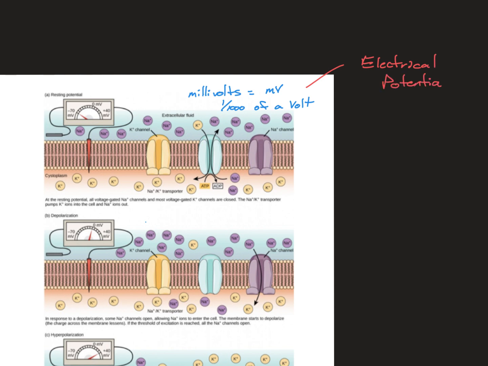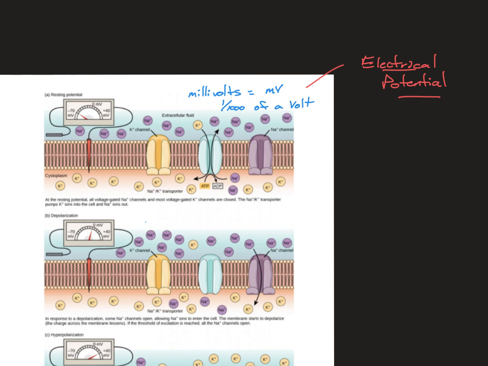The potential to allow current to happen is called electrical potential. So you have a lot of positives here, and here you don't have so many positives. If you open up a channel, you get flow of ions. We call that electricity. That's what electricity is. When you plug in a phone, you're getting the movement of ions. That's it. Movement of electrical charges.